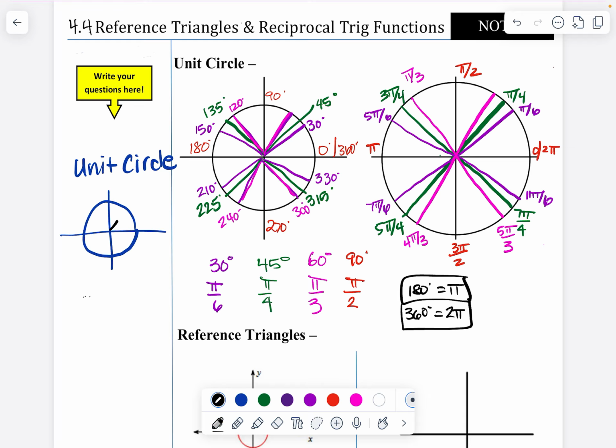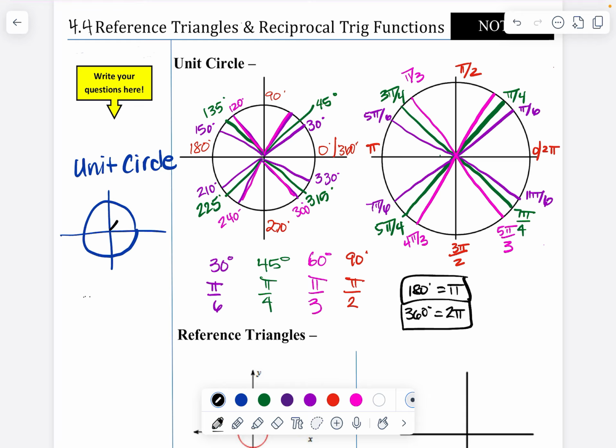So if this is our unknown theta, and I label this opposite, hypotenuse, and adjacent, then our sine of theta is the opposite, which is y, over hypotenuse, which is 1, which is just y. Our cosine is adjacent over hypotenuse, which is just x.